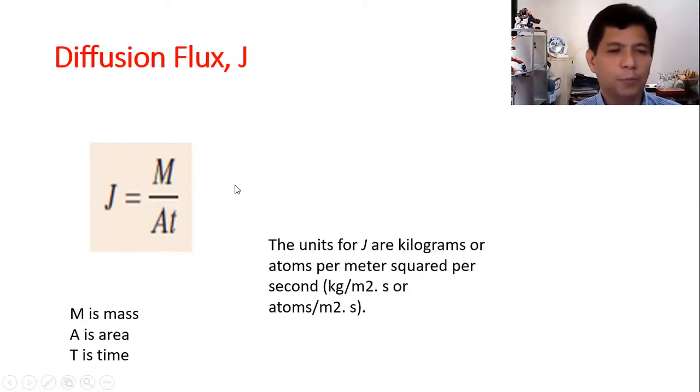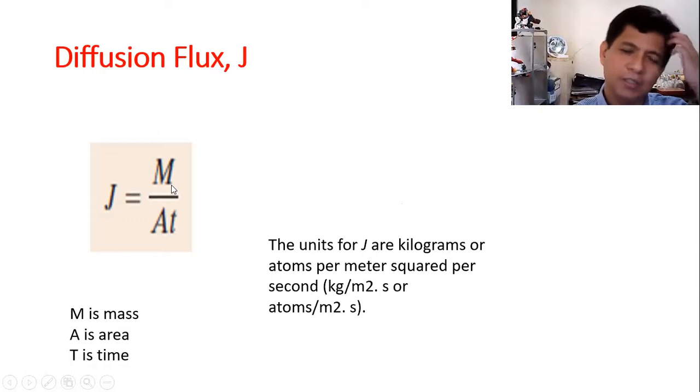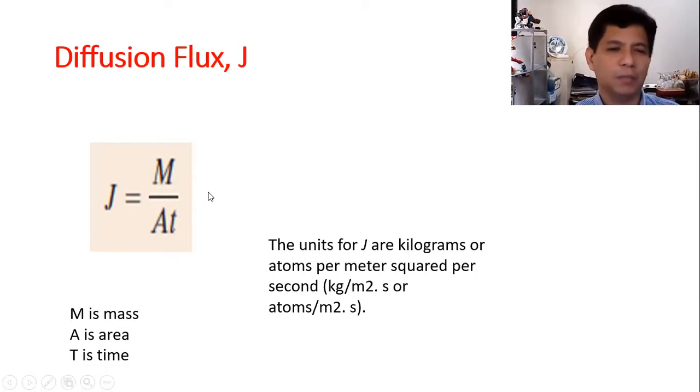The units for J or for flux are, for example, kilograms or atoms per meter squared per second. Kilogram per meter squared per second or atoms per meter squared per second. Ito yung unit. Ano? So actually, pag atoms per meter squared per second, pwedeng yung mole kasi, mas standard na definition yun. Sa Chem, alam namin, yung standard definition is, halimbawa, kilogram mole, mas standard definition yun. Pero dito, dinefine niya na in terms of mass. Kasi nga, mas practical yung mass.